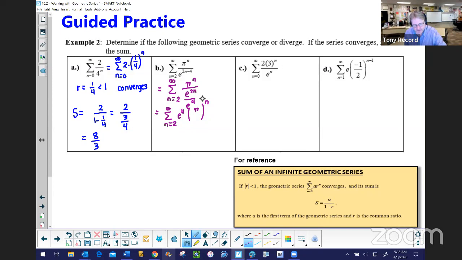What do I do about this 2 times n? Well, again, I'm just thinking about another rule for exponents, and that is whenever you have a power raised to another power, you would multiply those, right? That's how I got that 2 times n. Again, I'm just working that in reverse. So now I can see that my R value is pi over e squared.